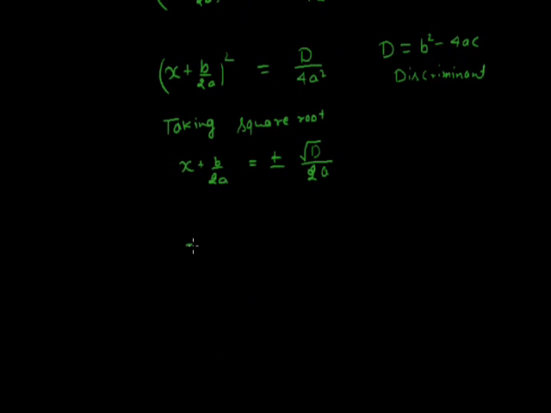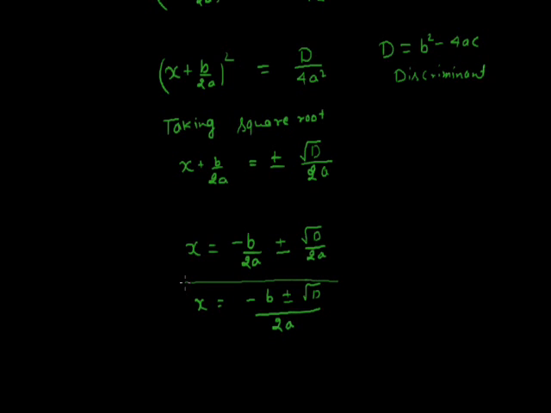So x equal to minus b upon 2a plus minus under root d upon 2a, or we can say x equal to minus b plus minus under root d upon 2a. So this is the solution of this quadratic equation, ax square plus bx plus c equal to 0, and here d is equal to b square minus 4ac.